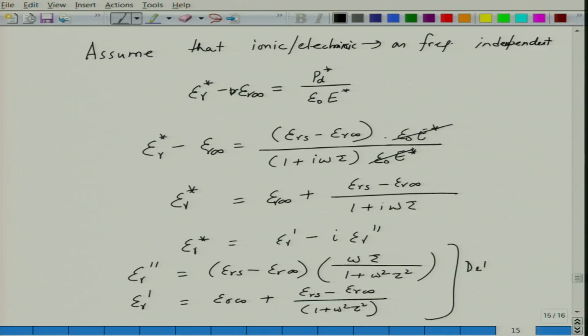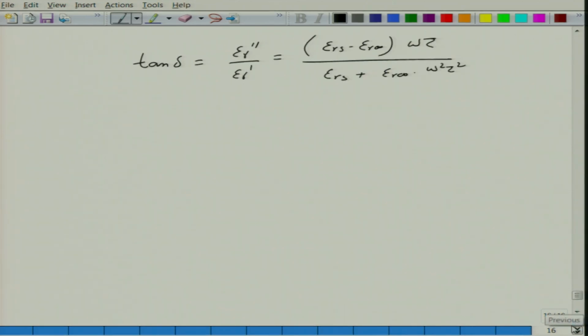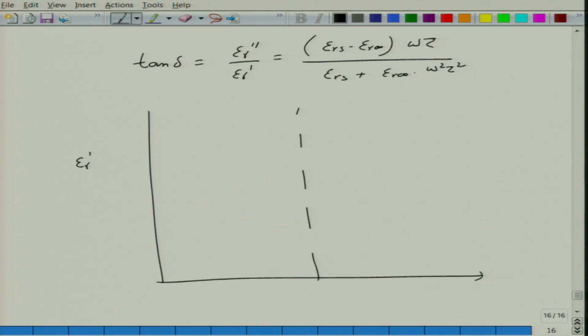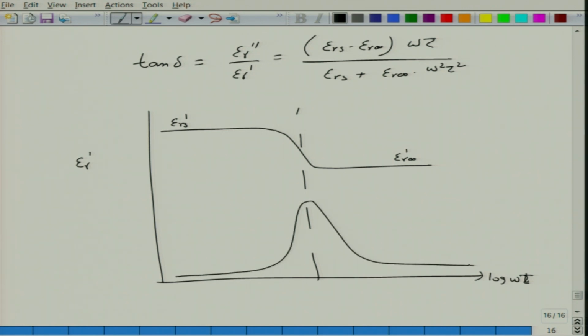These equations are called the Debye equations. And when you plot the dielectric constant as a function of frequency, epsilon r prime first, let us say we plot log omega tau. At a value of omega tau equal to 1, you have a resonance-like feature occurring. This goes from epsilon rs prime to epsilon r infinity prime, and epsilon r double prime undergoes a maximum.